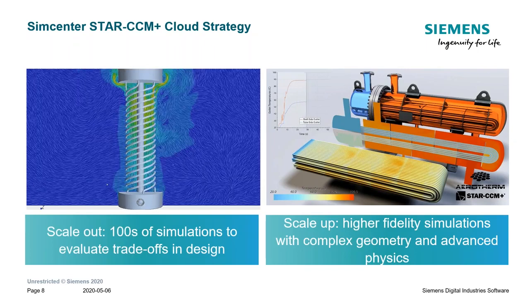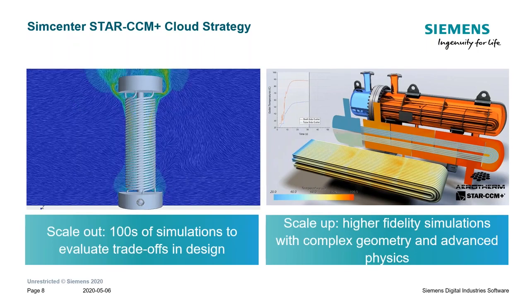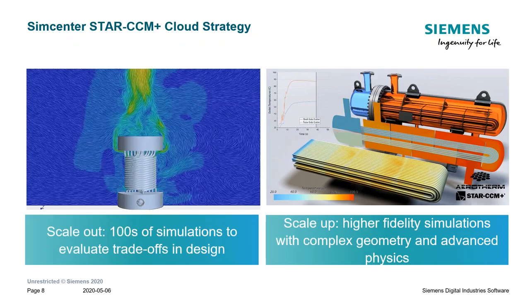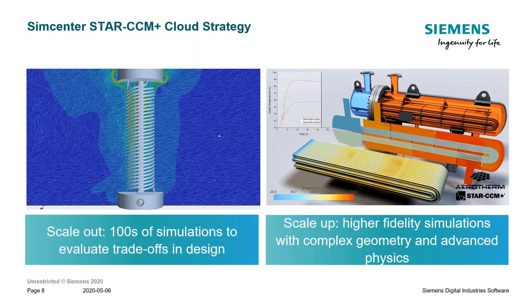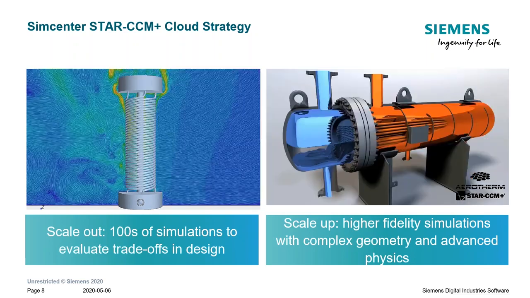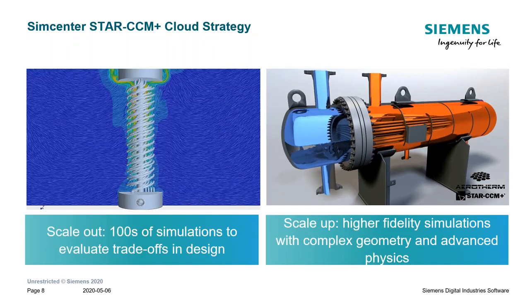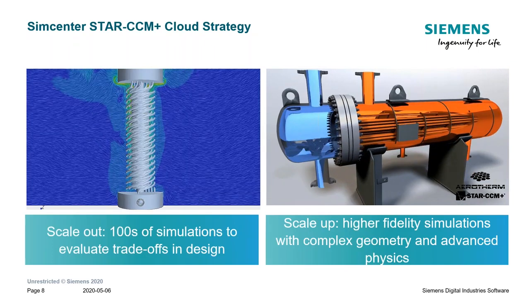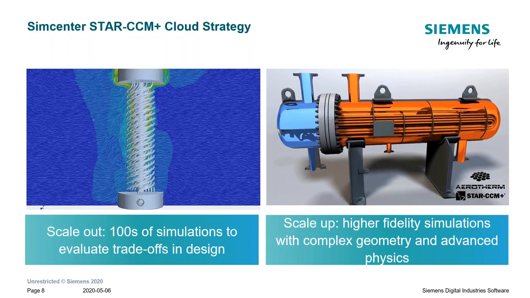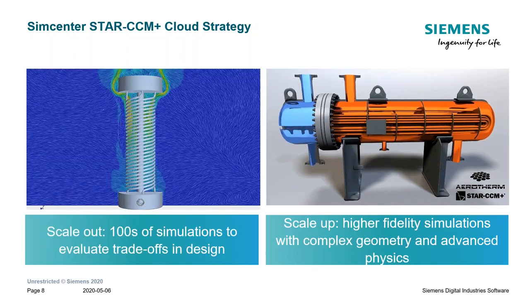But then we want the scale up part. It means that you have a very complex geometry and very complex physics, and you need many processors. Ideally speaking, if I double the number of processors, I want my simulation to be twice as fast. That's the ideal scalability.